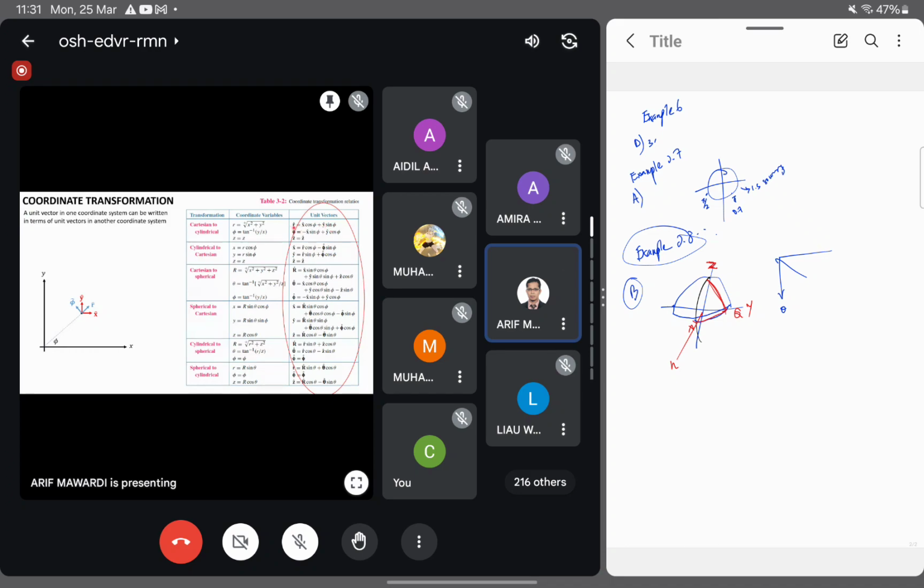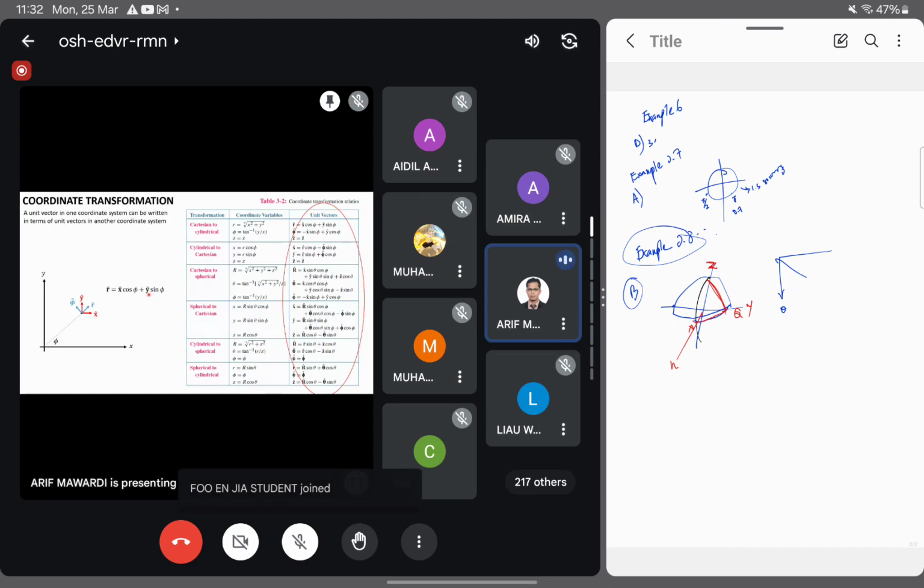The first one here allows you to express the unit vector r, which is in the cylindrical coordinate system, in terms of unit vectors in the Cartesian coordinate system. So for this point, you can express this unit vector in the cylindrical coordinate system in terms of unit vectors in the Cartesian coordinate system. Okay.